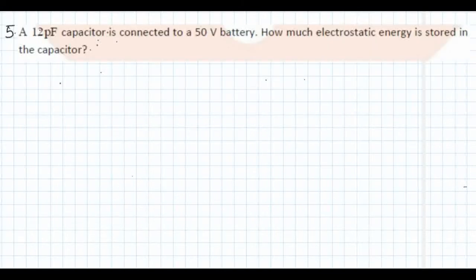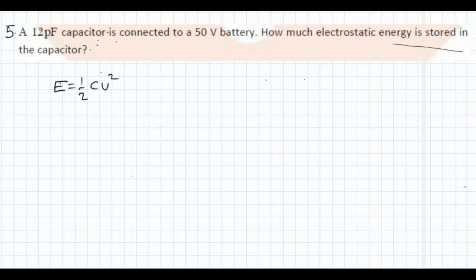So next, fifth question. A 12 picofarad capacitor is connected to a 50 volt battery. How much electrostatic energy is stored in the capacitor? The energy stored in the capacitor is given by E is equal to half CV square, right?